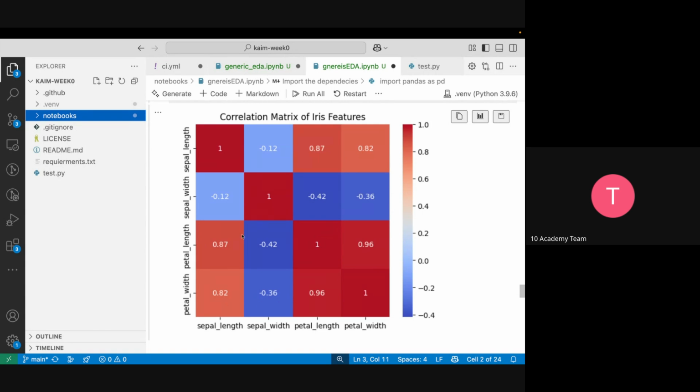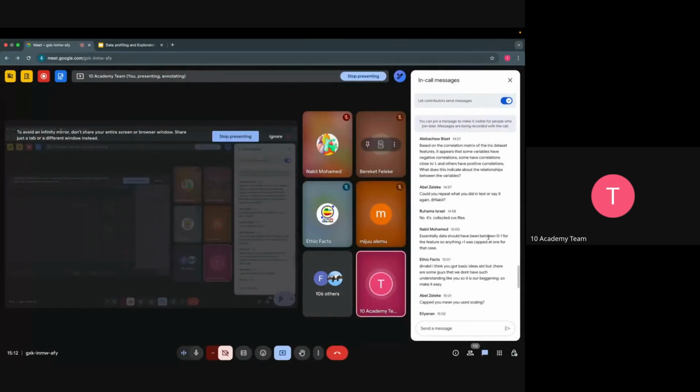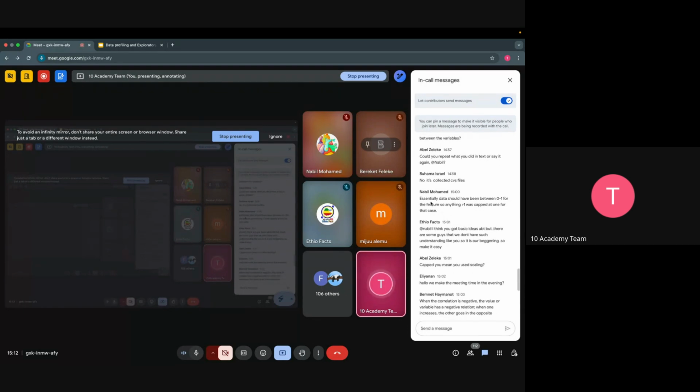So this just tells you the relationship between the columns or the variables. That's a good question.